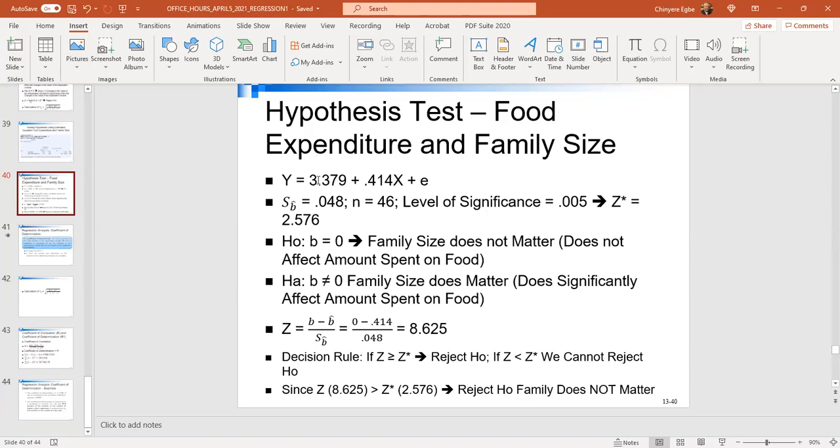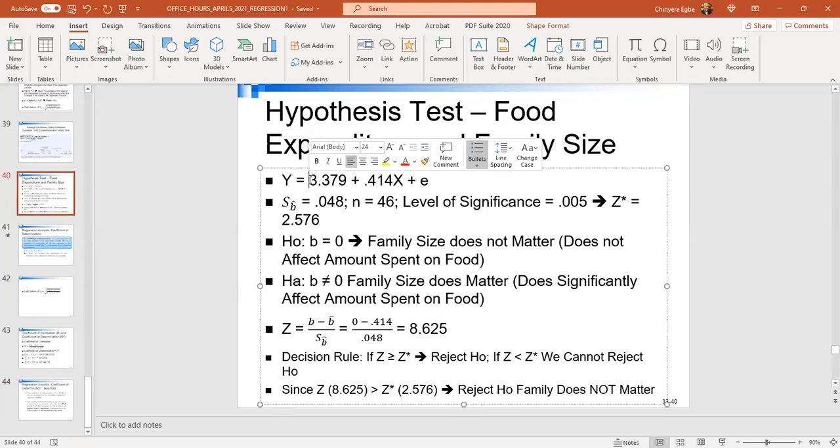Here we estimate Y for family size and food expenditure. In this case, we estimate that food expenditure depends on family size. So for each additional person in the family, there's an additional 41 cents per dollar for food, and we spend $3.37 for basic food.